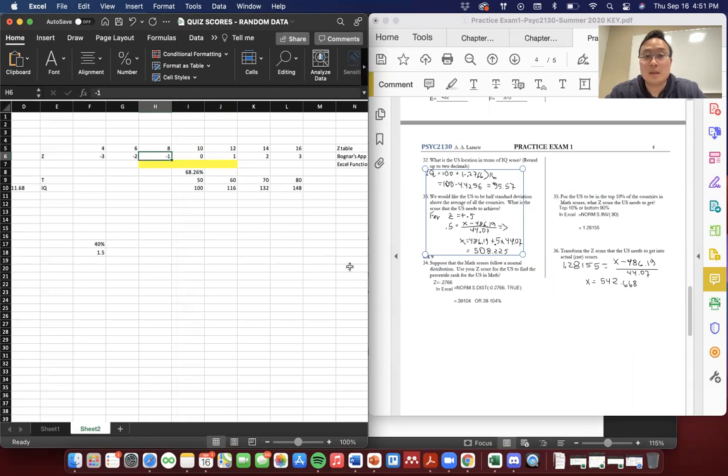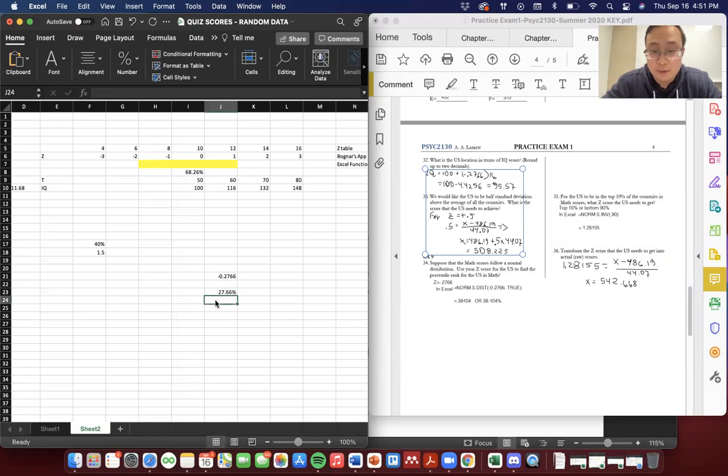This number, the Z-score, -0.2766, is a Z-score, but at the same time it just so happens to be proportional. It's not a proportion, just proportional, whereby this could stand as 27.66%.